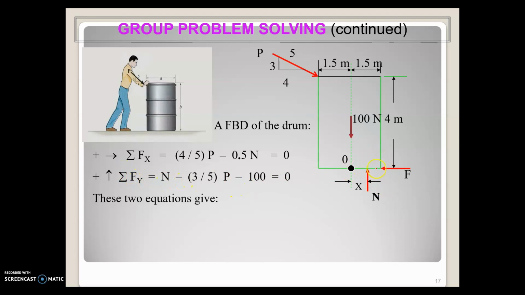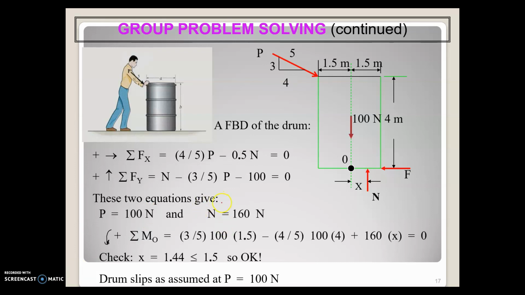Ke atas kita ada N. Alright, kita tolak dengan P 3/5 ke bawah, kita tolak dengan 100. So kat sini kita ada 2 unknown juga. Okay, these two equation akan bagi nilai P equal to 100 Newton dan juga N 160 Newton. Okay, kita buat simultaneous equation lah kat atas tadi ni.